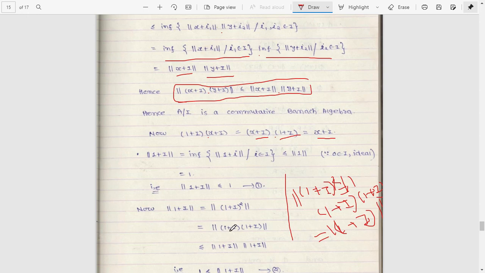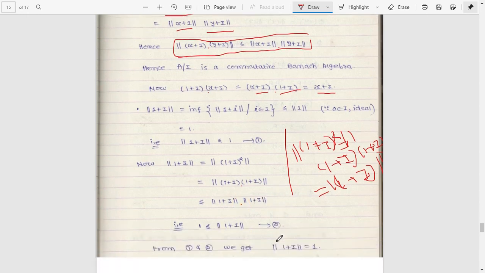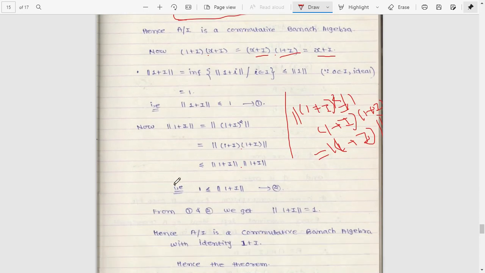Now norm of (1+I)(1+I) is less than or equal to norm of (1+I) into norm of (1+I). So norm of (1+I) is less than or equal to norm (1+I) into norm (1+I). So the norm of (1+I) is cancelled out.